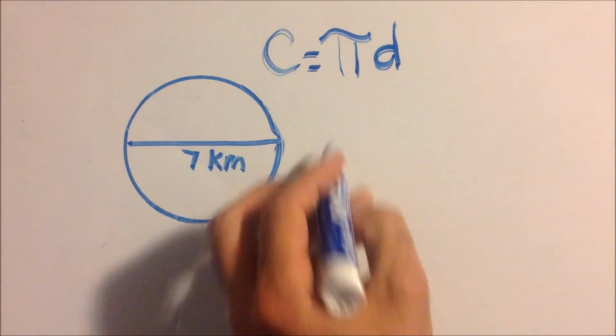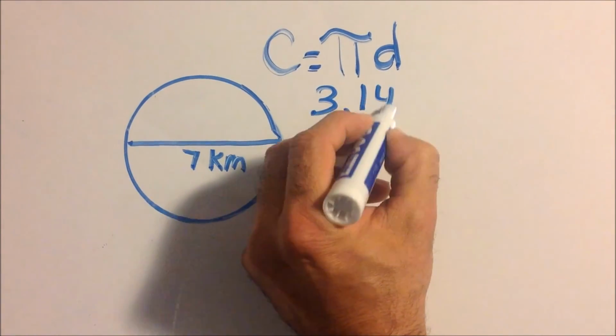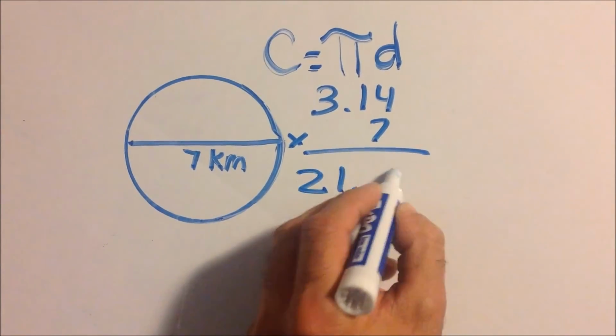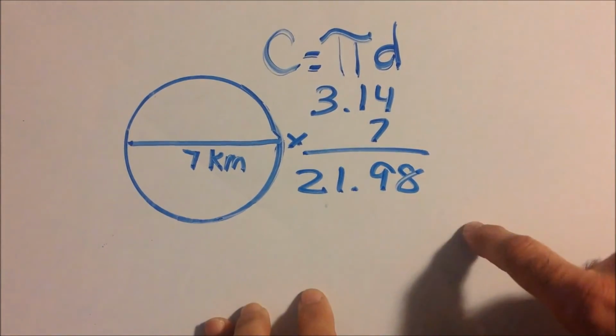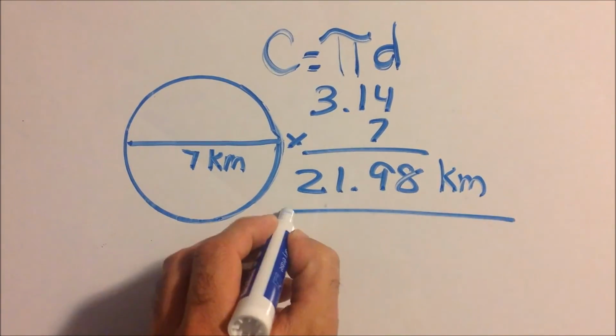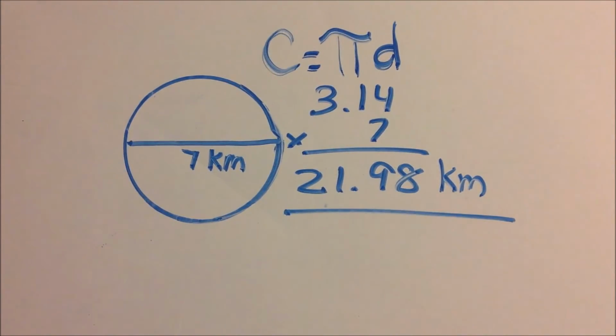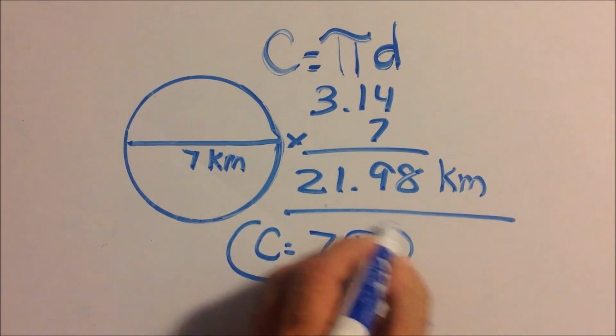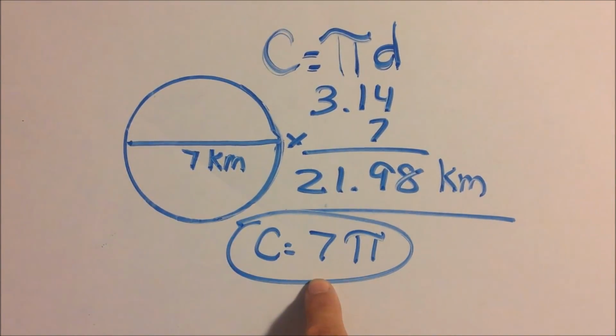We know the diameter is 7, so we're going to do 3.14 times 7, and we'll get 21.98 kilometers. That's the answer for circumference. Now if I said in terms of pi, the circumference would be 7 pi. That would be the answer in terms of pi.